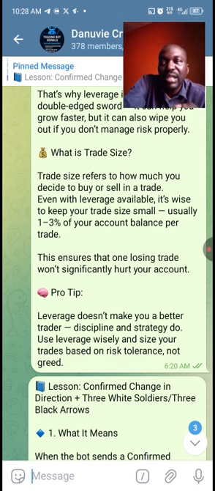The leverage only helps you minimize your risk so that you're not risking too much. Okay? And trade size just keeps your trading size small. So you understand? So even if you get caught up in manipulation, if you are using a very small trade size, you're going to take a very small loss. That's what trade size is.